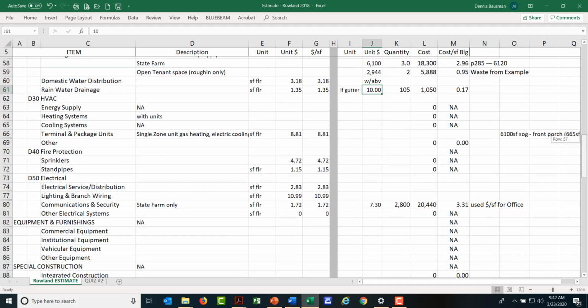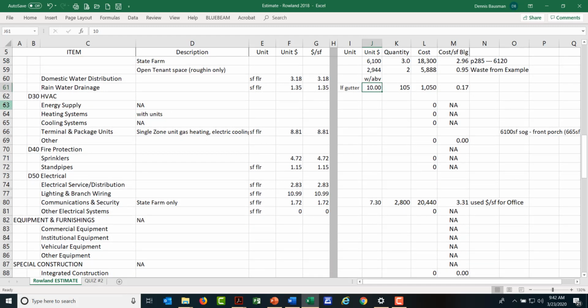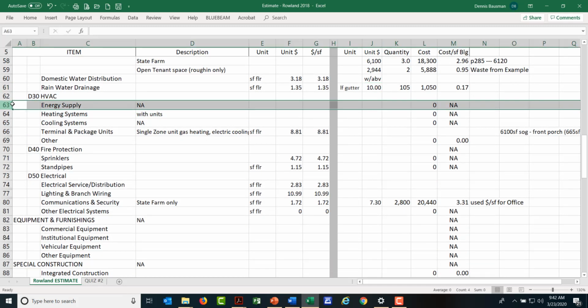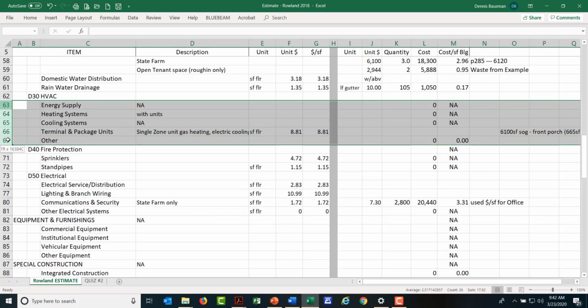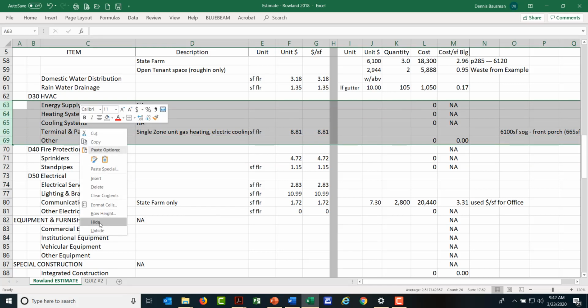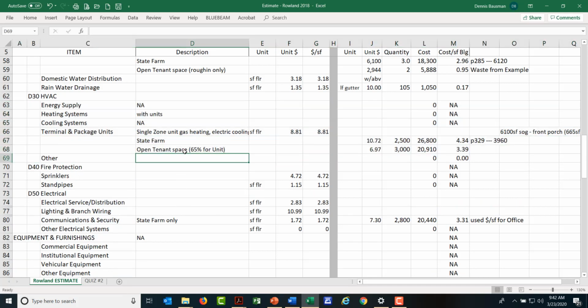All right, water supply, or HVAC. Let's see what I did here. If you picked up RS Means for this template, all you see is this. All right, I've broken it apart. I looked at it in two sections.